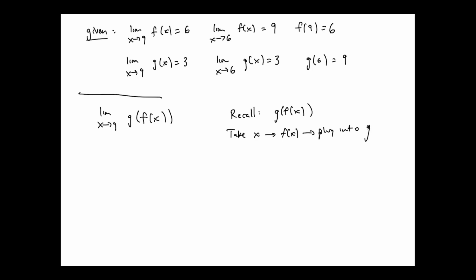Right. So you take an x, you plug it into f, you get some output f of x. You take that thing as an input and put it into g. You crunch whatever you get, and it spits something out, and that's the result. Okay. So this is function composition, right? Plugging one thing into another.